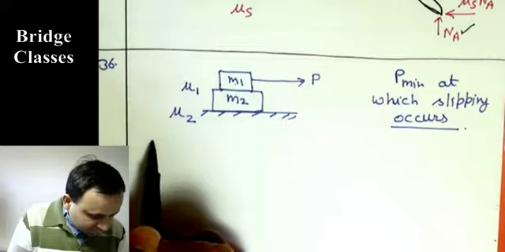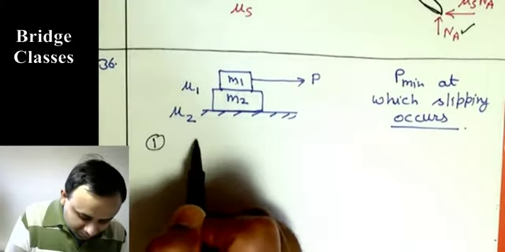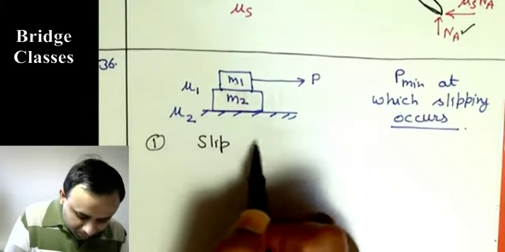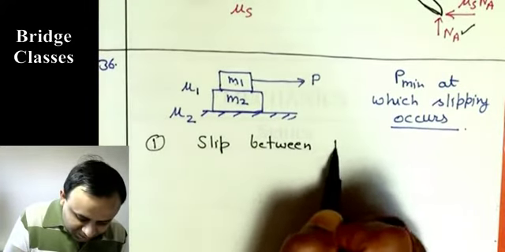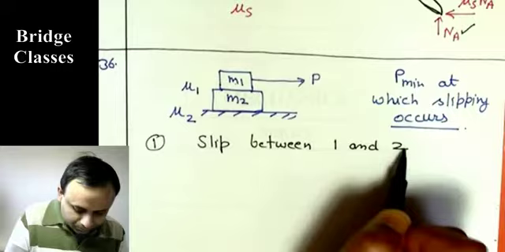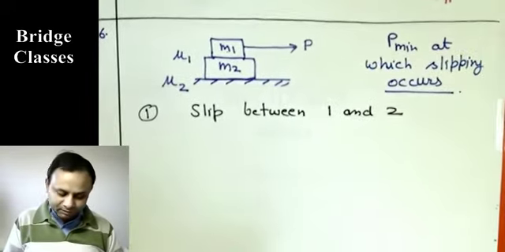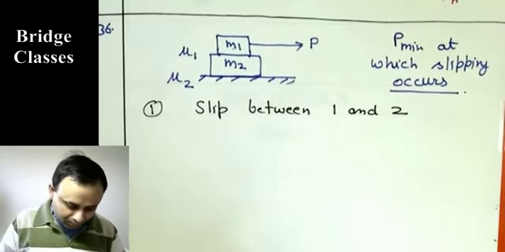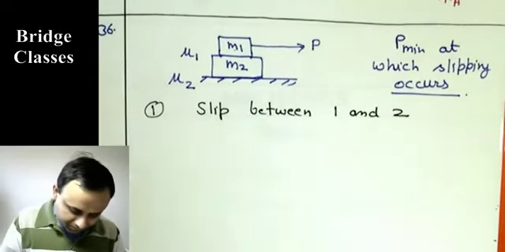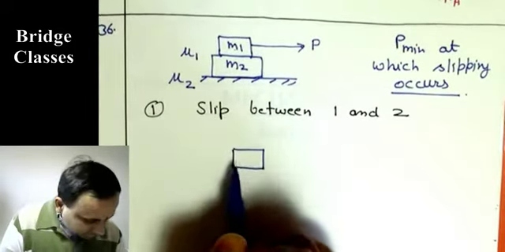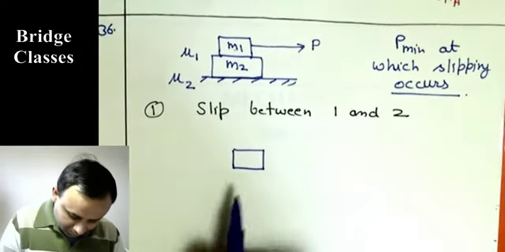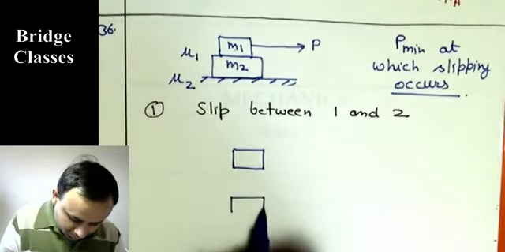Let us consider possibility 1, when there is slip between the bodies. Okay, there is slip between 1 and 2. Let us consider this situation first. Now we draw the free body diagram for body 1, and this is 2.